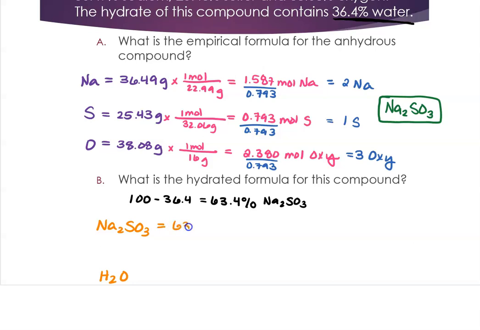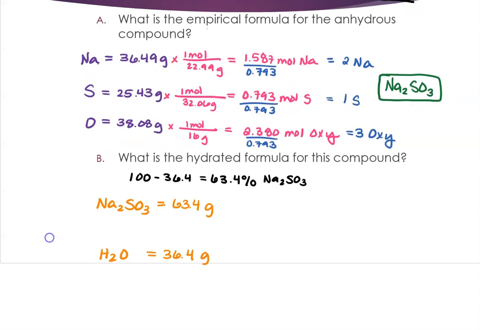So 63.4% is 63.4 grams of Na2SO3, and 36.4% is 36.4 grams of water. Now I do mass to moles, so I divide by the molar mass. Molar mass of Na2SO3 is 126.03 grams. And the molar mass of water, as per usual, is 18.02 grams.